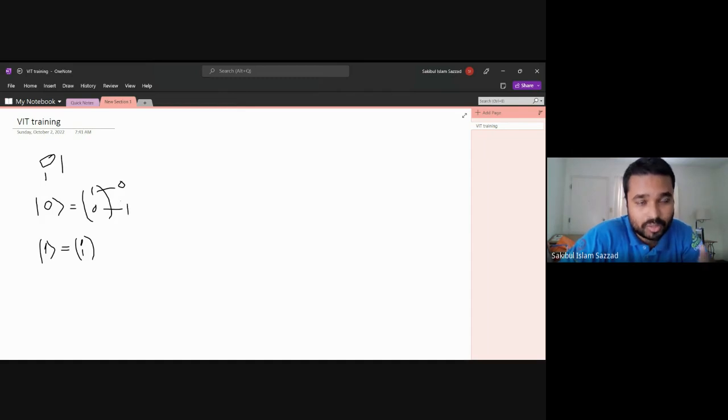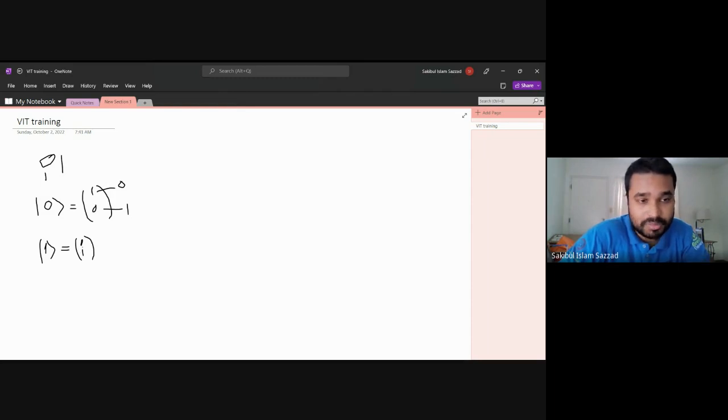So what we can say for this column vector or column matrix is that classical bit 0 has some value and classical bit 1 does not have any value. That's why it is the ket 0 state for a qubit.